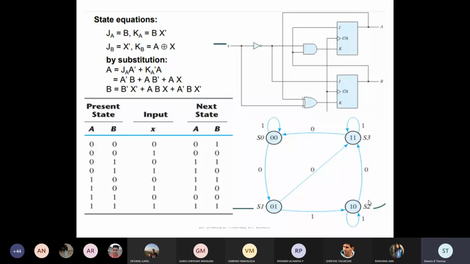Rest of the things are same. 0, 0, 0, 1, 1, 0, 1, 1, for input 0, 1, 0, 1, 0, 1, 0, 1. With the help of this equation, you can have the next state value. And based on that, you can also draw the state diagram.